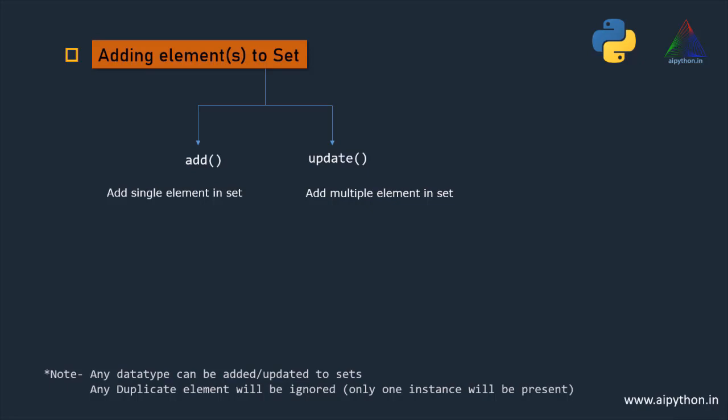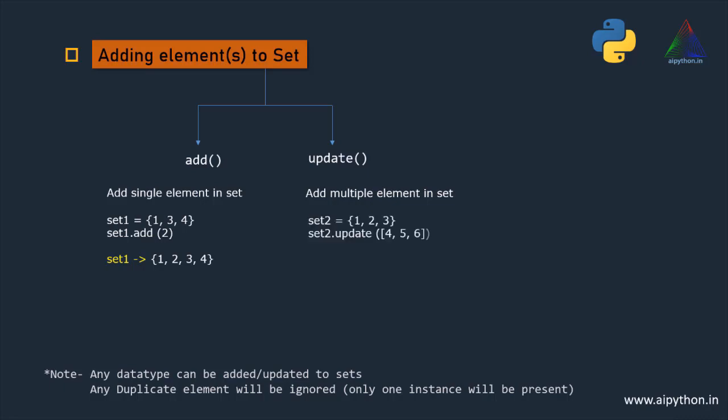Note that you can add any data type to sets with the help of add and update methods. Also ensure that you do not add an element which already exists. If you put an element which is already available in the Python set, then that element will be ignored. So we'll see the add method. For example, we have set1 equal to 1, 3, 4, and you want to add 2 to the existing set, then you can use the add method.